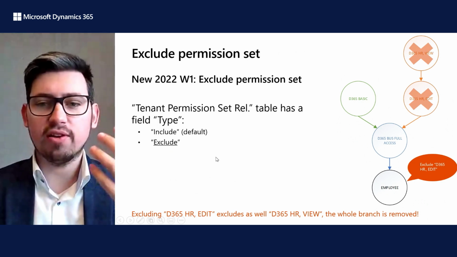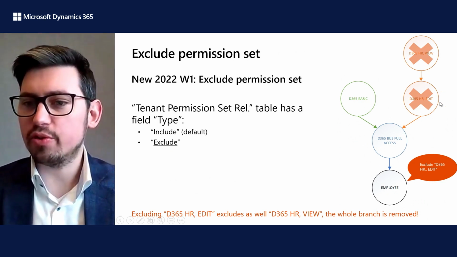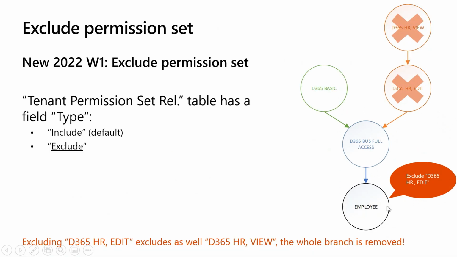What does this translate to? For example, let's look on the right to this tree. On the employee permission set that I created as an administrator, I decided I would like to have the Dynamics 365 Business Full Access permission set, but I do not want to have the Dynamics 365 HR Edit. So a relation set is being created between employee to Dynamics 365 HR Edit, and we marked it as exclude.